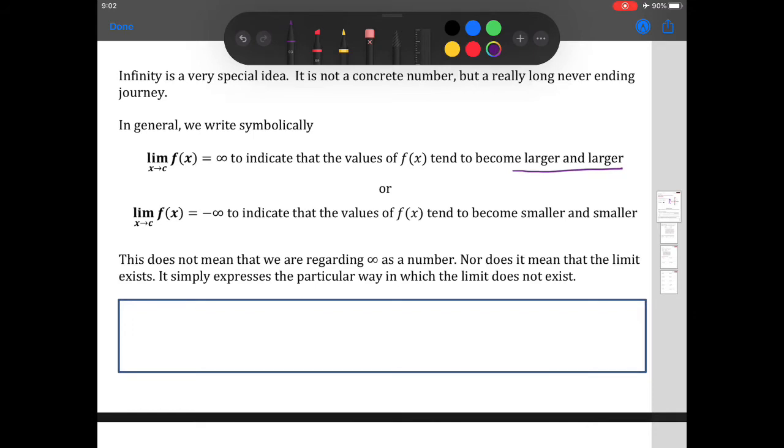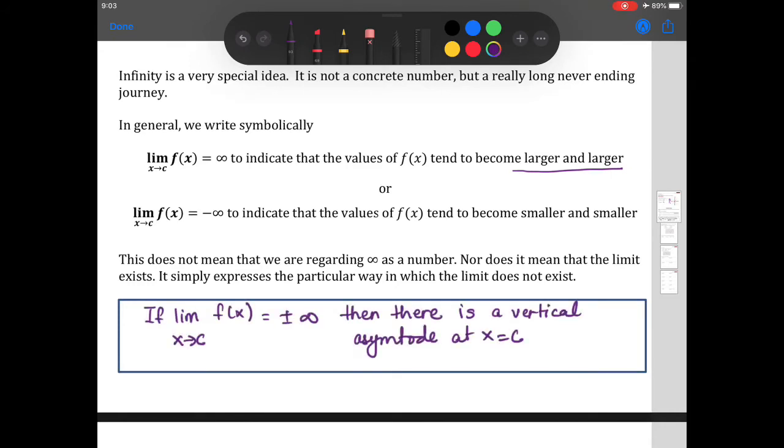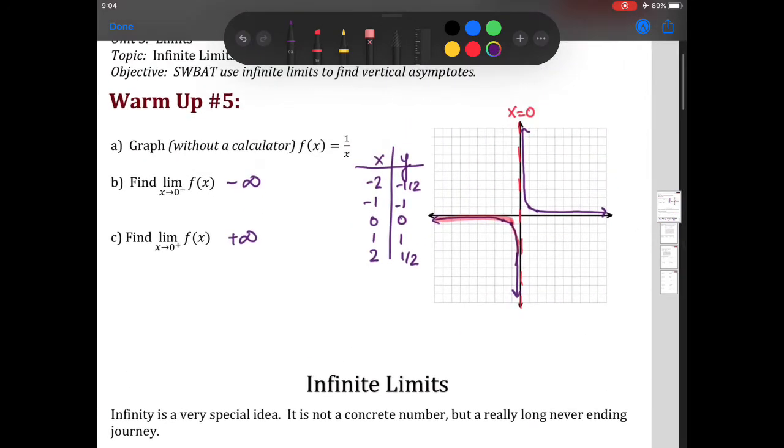This does not mean that we are regarding infinity as a number. Be very careful of that. Nor does it mean that the limit exists. It simply expresses the particular way in which the limit does not exist. So copy that and then I'll explain, and it's very self-explanatory. It says if the limit as x approaches c of f of x will be either +infinity or -infinity, depending, then there is a vertical asymptote at x equals c, which we saw in the question above.